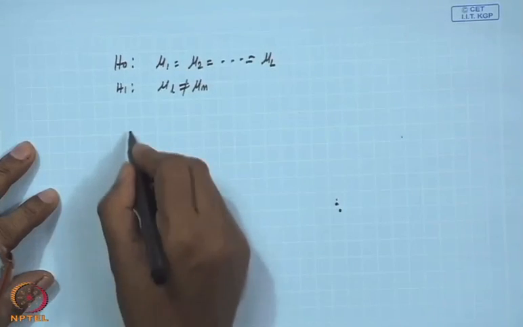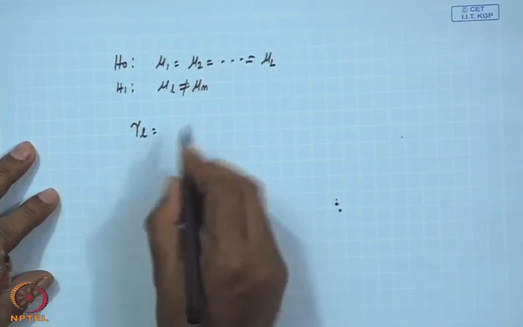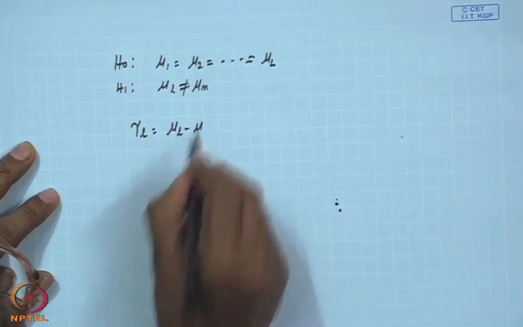What will be the null hypothesis? What is tau L? Tau L is mu L minus mu.